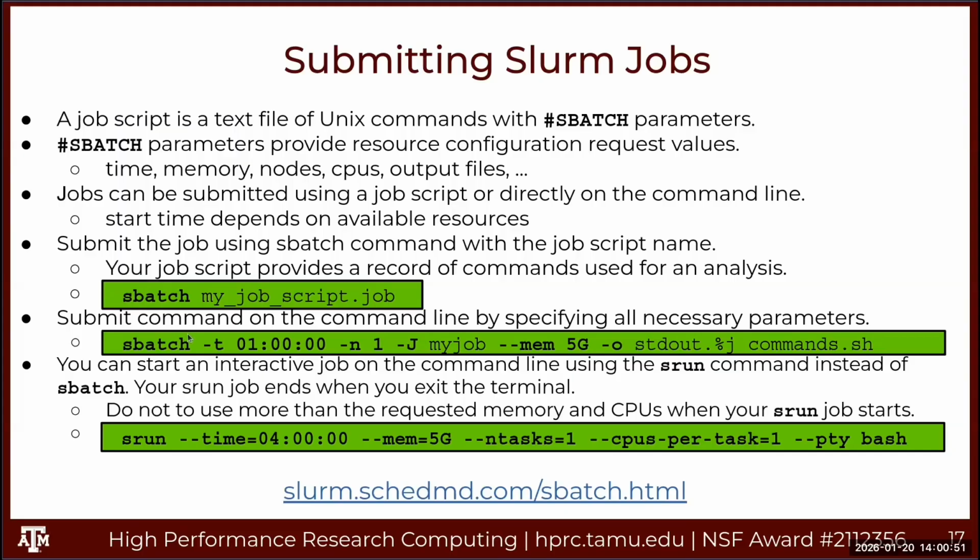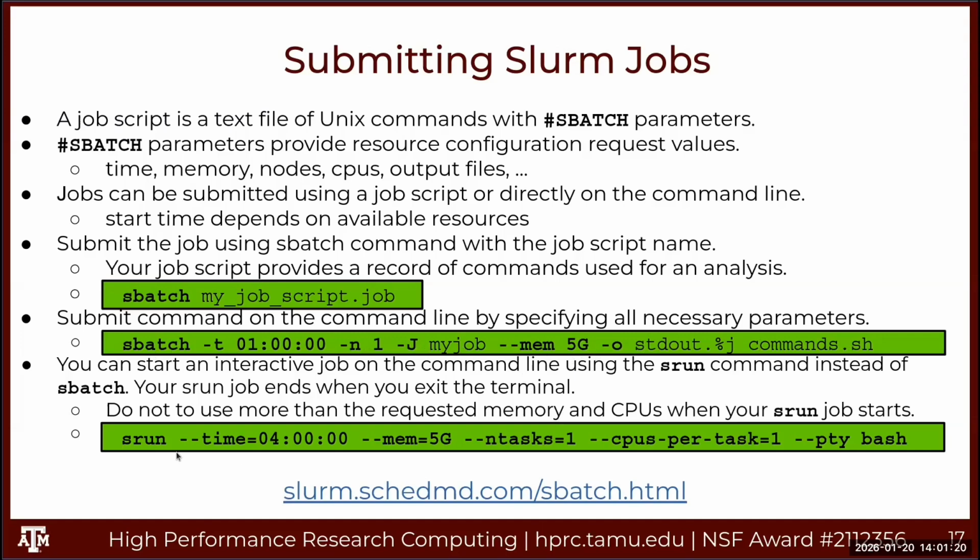We do have a history of Unix commands, but that doesn't always get saved. It may get overwritten and you'll lose those commands. So if you save it in a job script, you'll have a record of it. In this second part, the command.sh script would not have SBATCH parameters. These are accessed right here: t is the time, memory, G, job name.